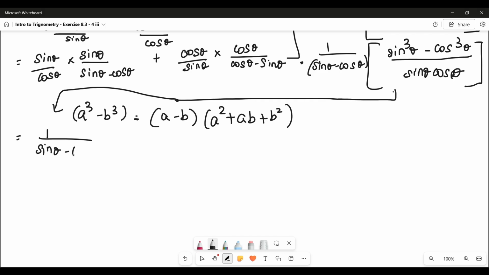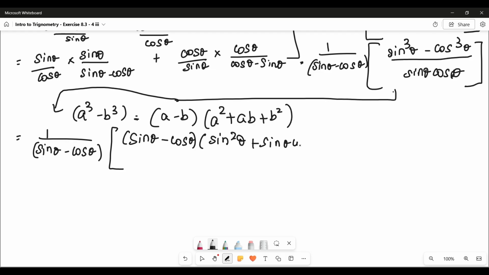Let us apply that in the above step. 1 over sin theta minus cos theta, and sin cube theta minus cos cube theta becomes sin theta minus cos theta times sin squared theta plus sin theta cos theta plus cos squared theta, over the denominator, which is sin theta cos theta.